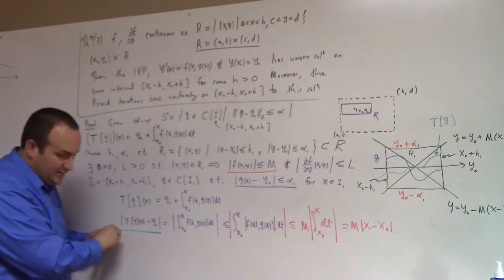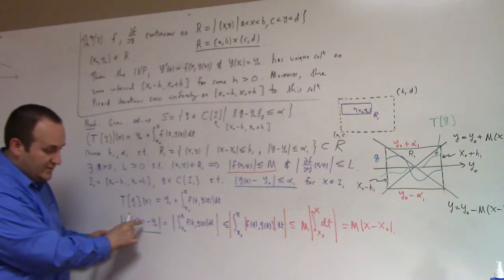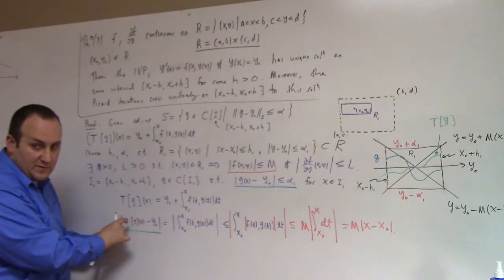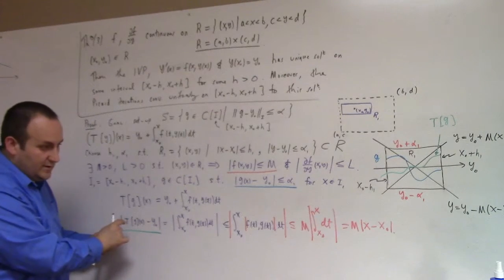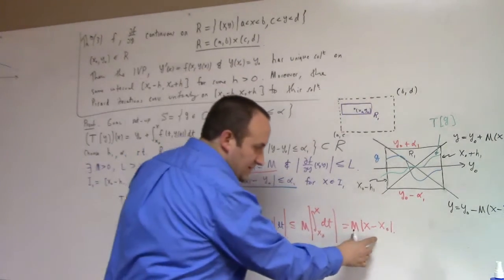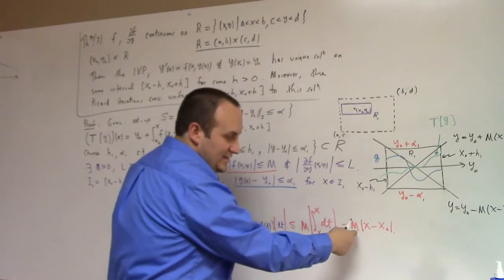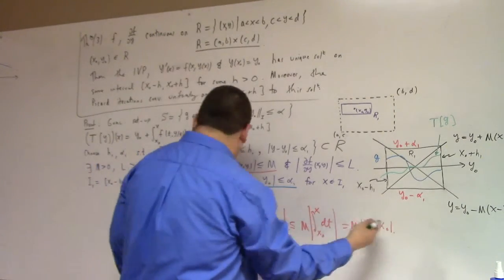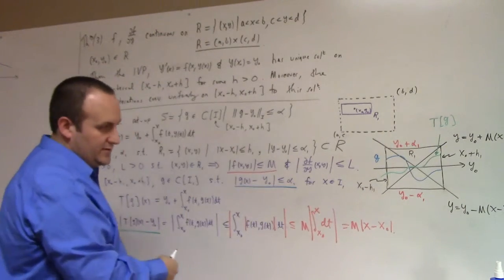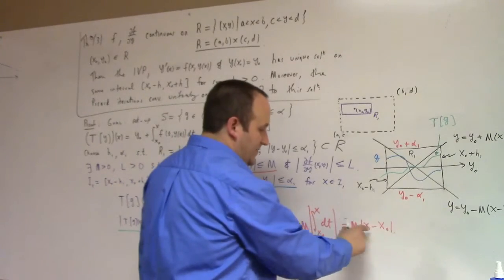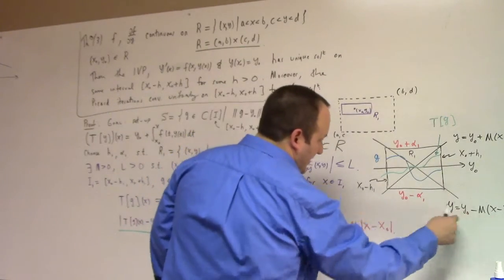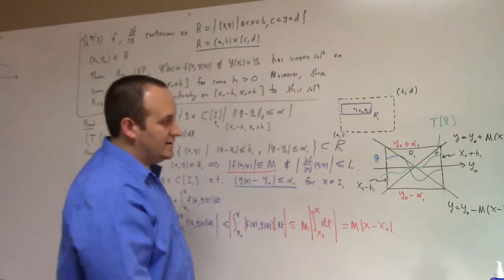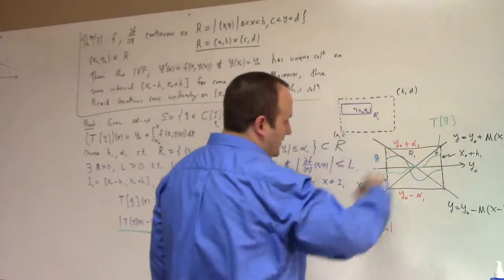So the distance between T of G of x and y naught, in other words, the output of the graph of T of G, the value of the function T of G at x is smaller than the value of this function, relative to y naught, of course. So I can make this into this minus y naught, absolute value, which is just that. So yeah, the green function is between the asymptotes, so to speak, here.